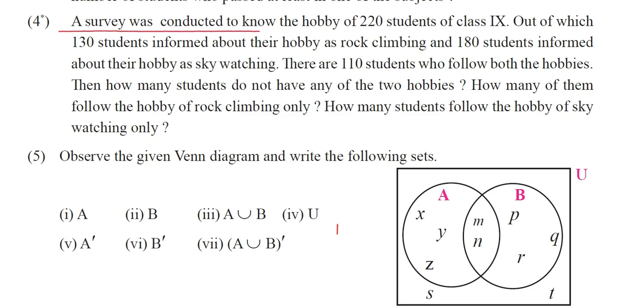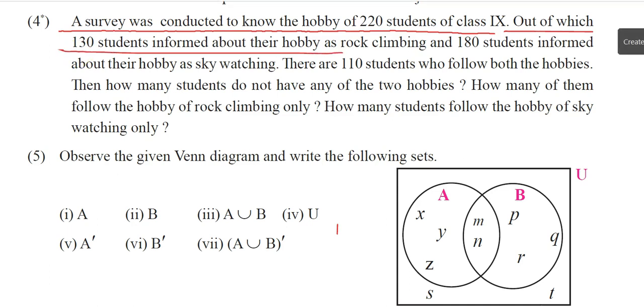Now next, a survey was conducted to know the hobby of 220 students of class 9, out of which 130 students informed about their hobby as rock climbing and 80 students informed about their hobby as sky watching.